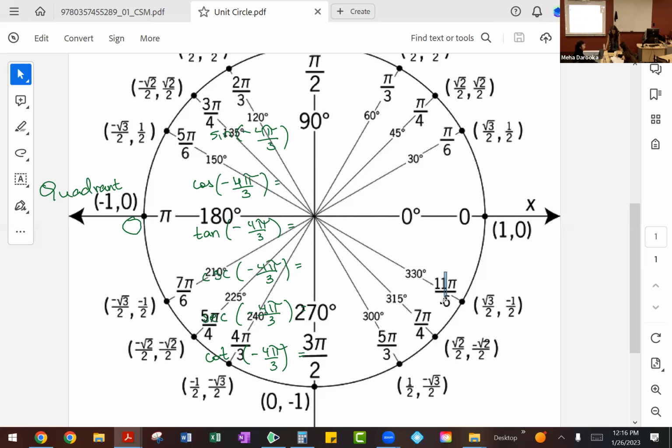So adjacent. -4π/3. Yeah, if any one of X and Y is negative, your tangent will become negative.